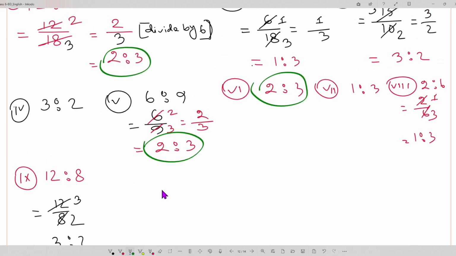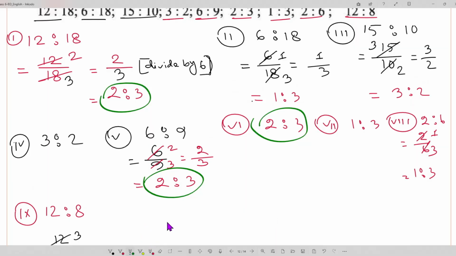So it means we can write the answer: 12 is to 18 equals 2 is to 3 equals 6 is to 9. Okay, so this is the equivalent ratio.